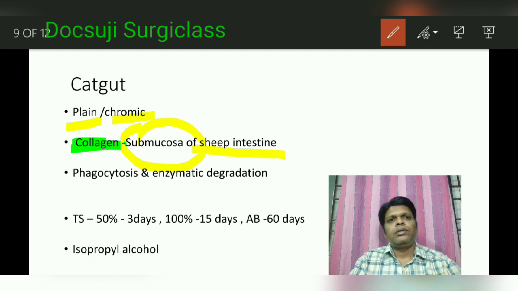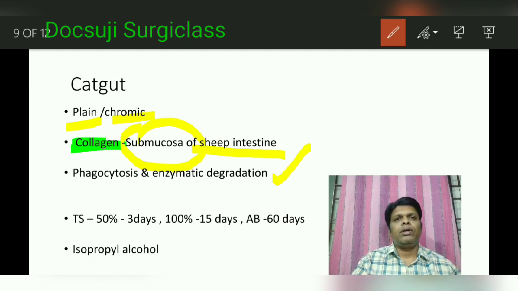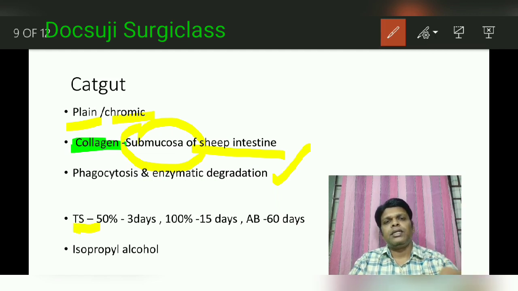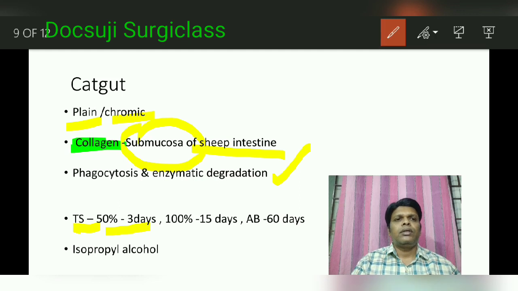How is it absorbed? There are two mechanisms: one is called phagocytosis and another one is enzymatic degradation. By these two processes, this material is absorbed. Number 4, the tensile strength. 50% of tensile strength is lost over a period of 3 days, and the remaining 50% is lost over a period of 15 days.